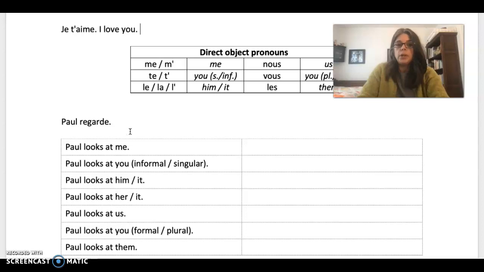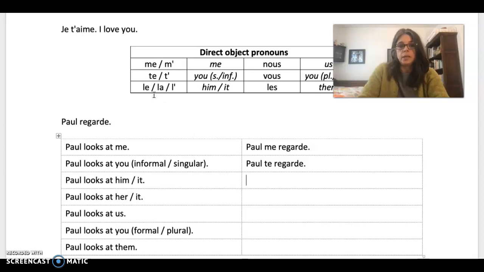We have Paul regarde. All right, so Paul looks at me. To say this in French, we say Paul me regarde. Paul looks at you. The informal one is te. So we say Paul te regarde. Paul looks at him, or Paul looks at it. These will be the same in French.